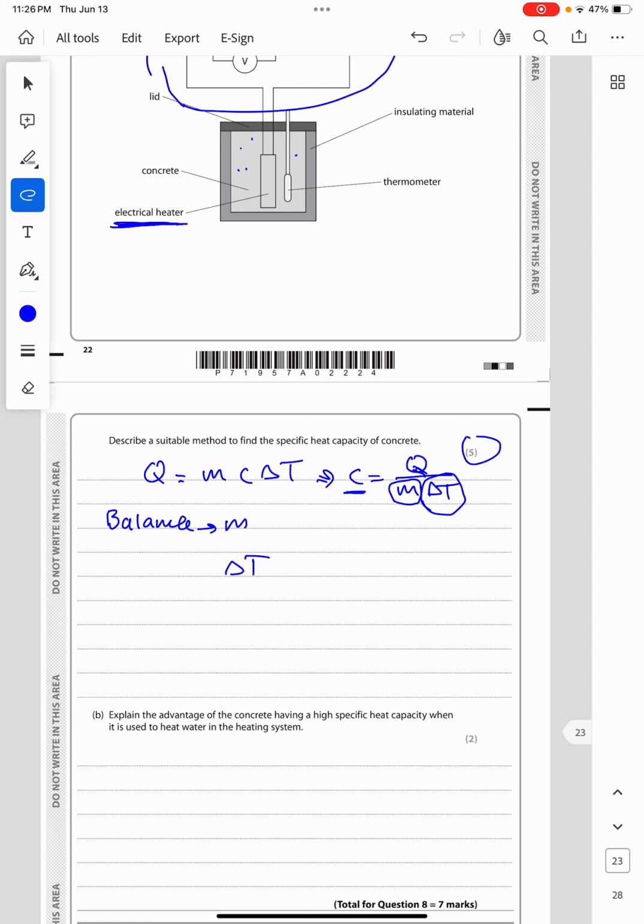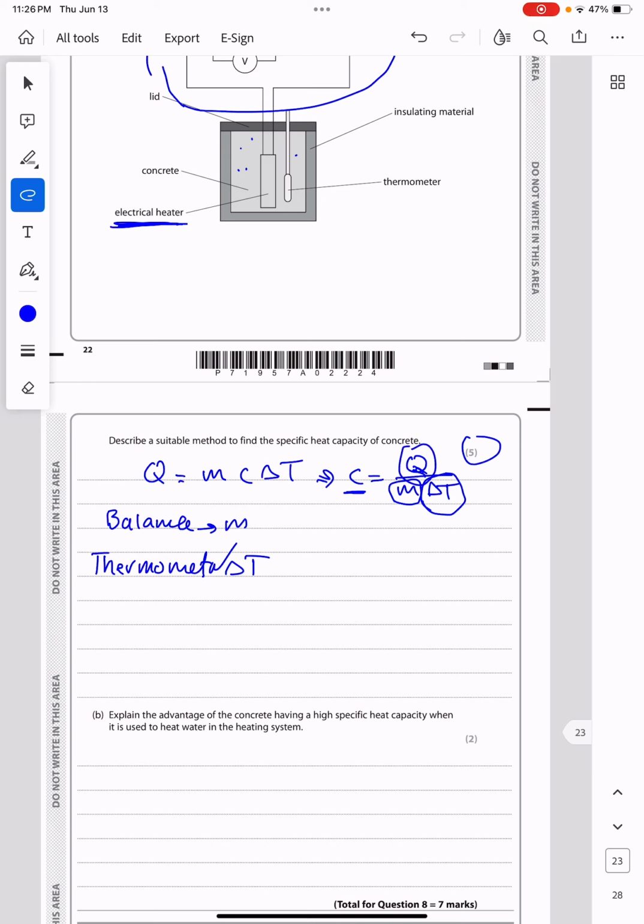But what are you going to use in order to find out the temperature of the water? You're gonna use a thermometer, right? So this is another point you're gonna get. What else do we need?